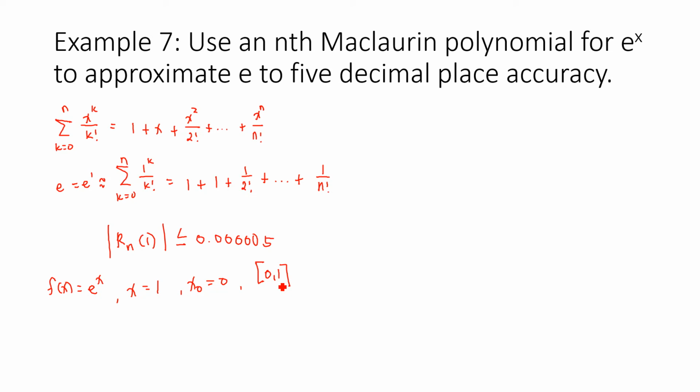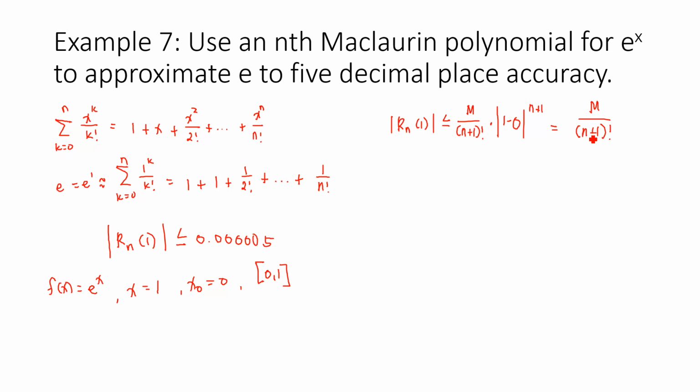In this case, we can follow that the absolute value of the remainder of 1 is less than or equal to m over the quantity n plus 1 factorial times the absolute value of 1 minus 0 raised to n plus 1, which is equal to m over the quantity n plus 1 factorial, where m is an upper bound on the value of the n plus 1 derivative of f of x, which is equal to e raised to x, for x in the interval 0 to 1.